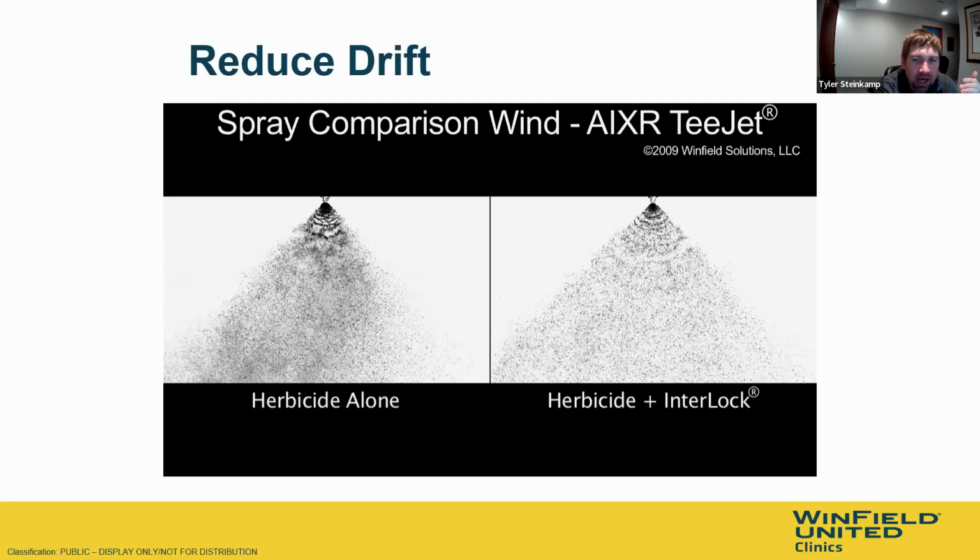So an interlock, a master lock, those type of products are going to give us the most consistent droplet sizes coming out of that drone, and we're going to get better overall spray pattern coming out of that drone as well. It's something that we're still working on and still evaluating, but it really should be interesting to see where some of these new technologies start going, especially with drones, and seeing what adjuvants work best in those situations.